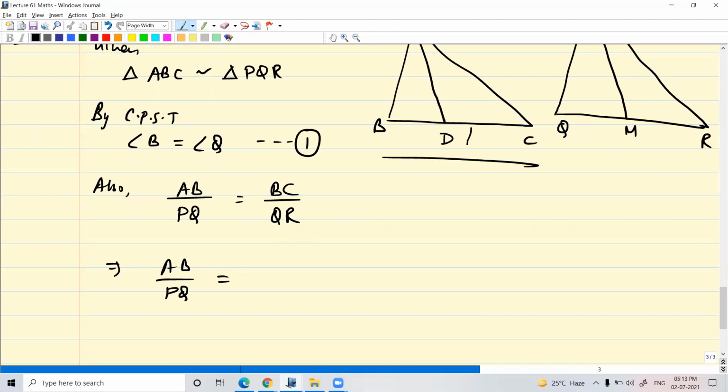So BC I can replace with twice BD, right? BC can be replaced as twice BD because it is already given that AD is a median.